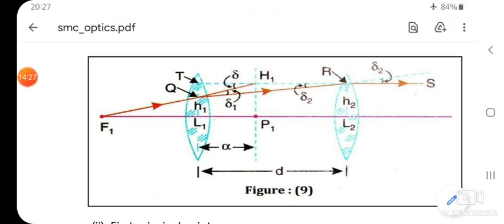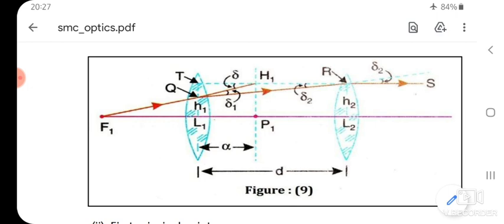For the first principal point, by considering a ray of light parallel to the axis and incident on the second lens L2 from the right side, we can show that the distance of the first principal plane L1 P1 is equal to alpha from the first lens L1.